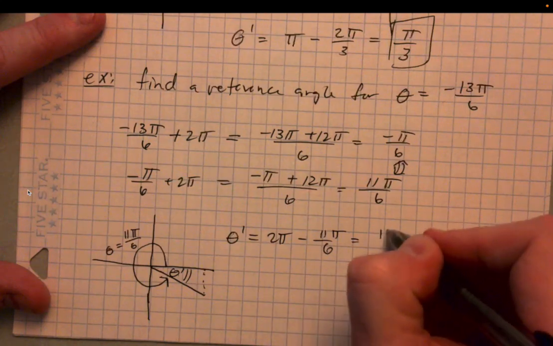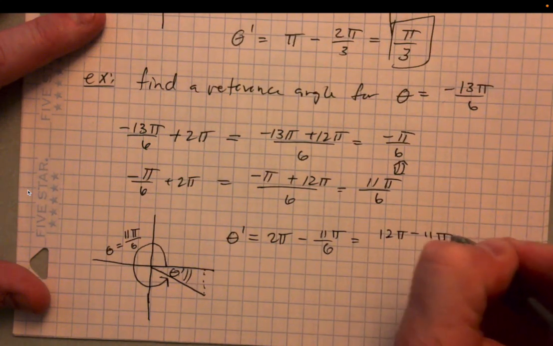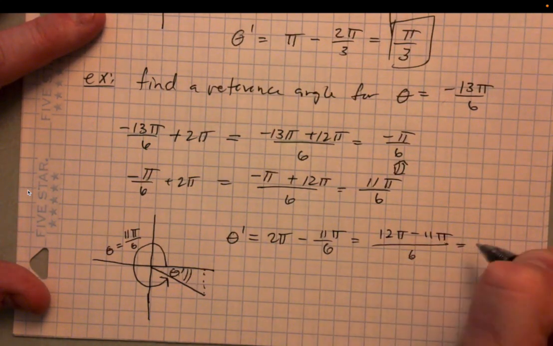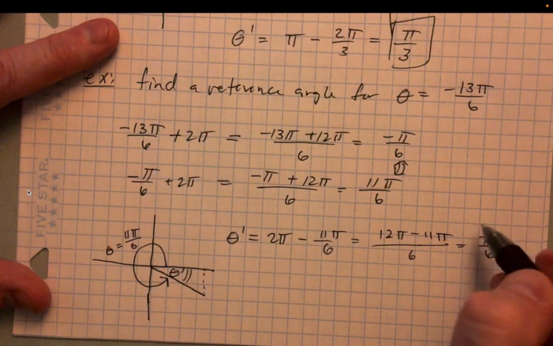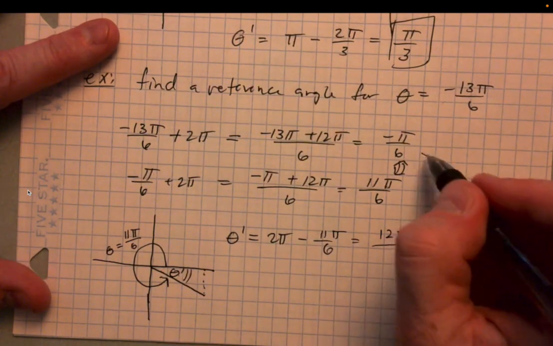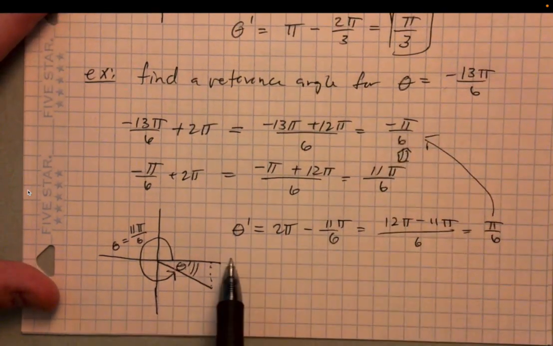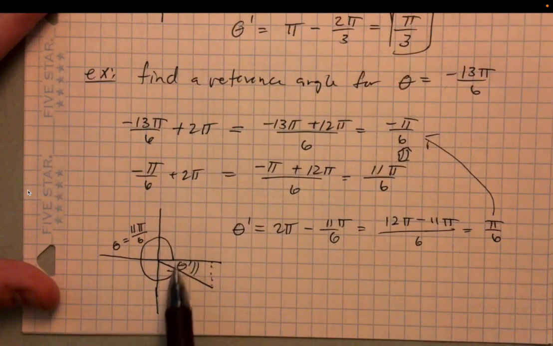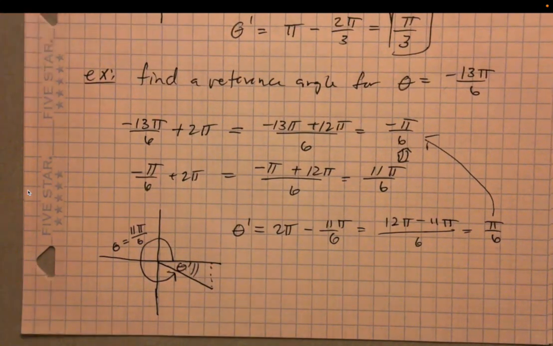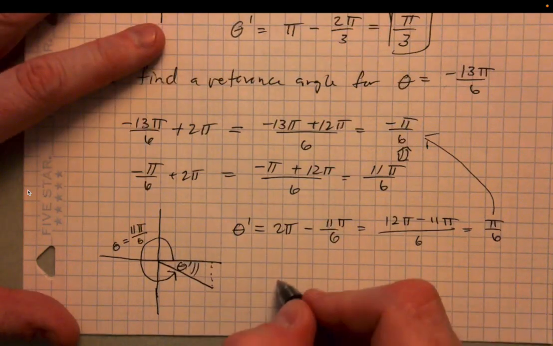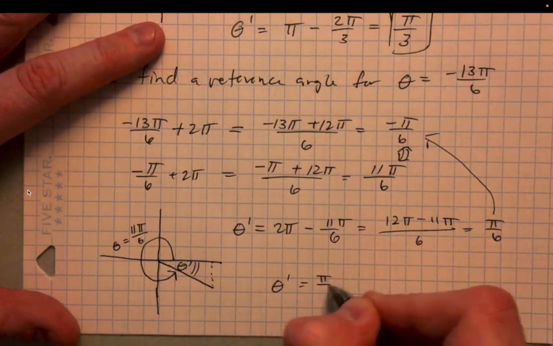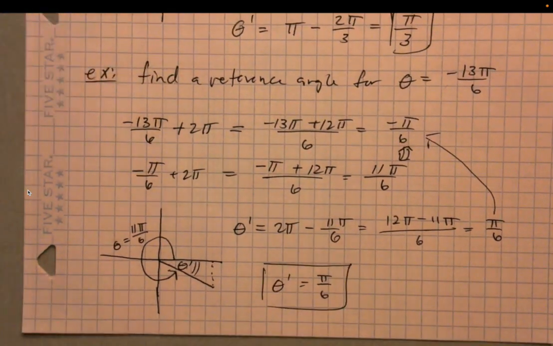We know that's going to be 12 pi minus 11 pi over 6, which is pi over 6. We could kind of intuit that from this: if this was negative pi over 6, the reference angle would be positive pi over 6. So theta prime is pi over 6.